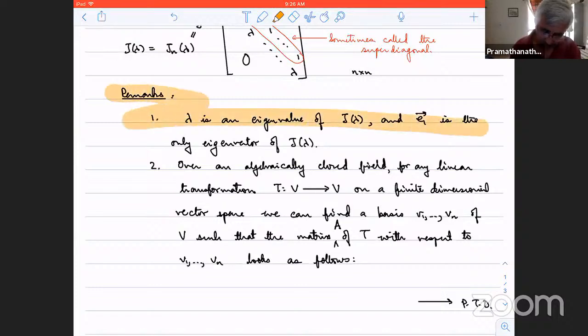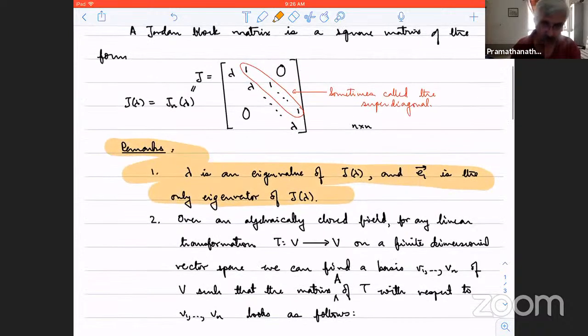So lambda is an eigenvalue of J lambda, and e1 is the only eigenvector of J lambda, for Jordan blocks of this form.